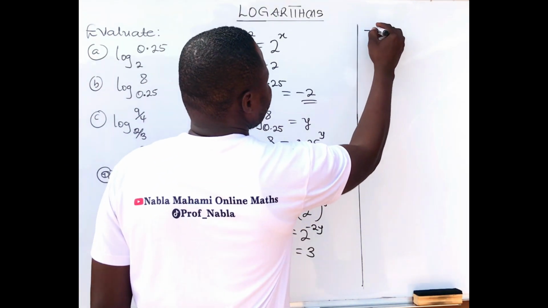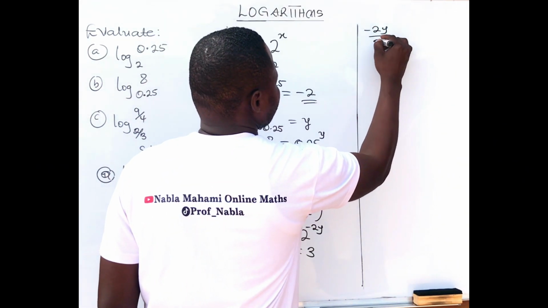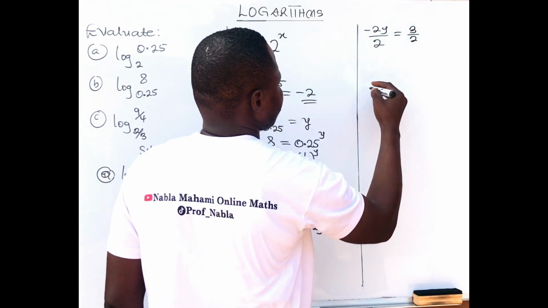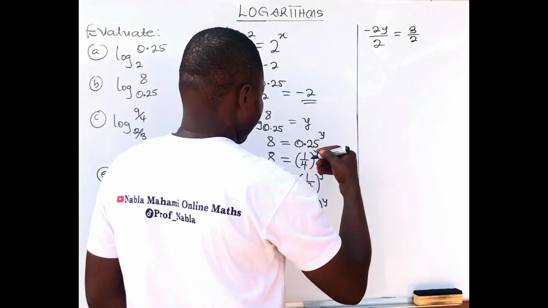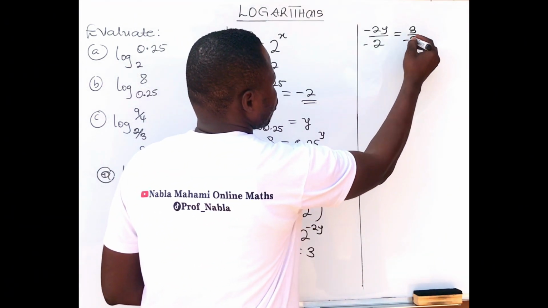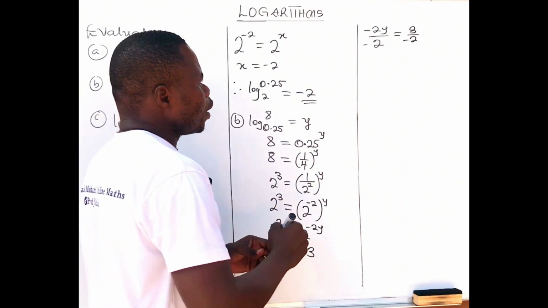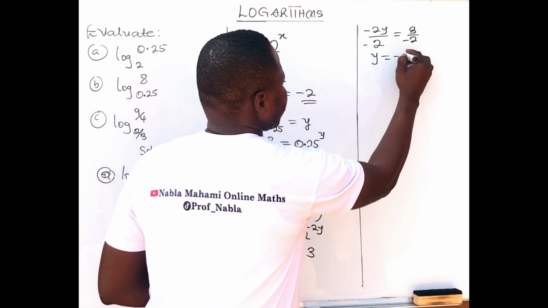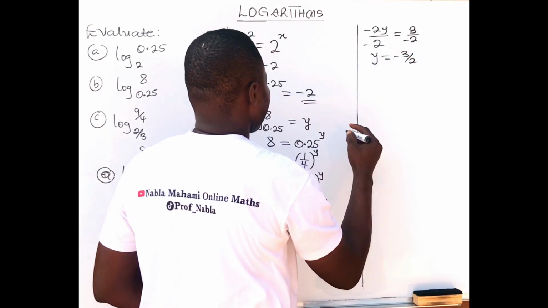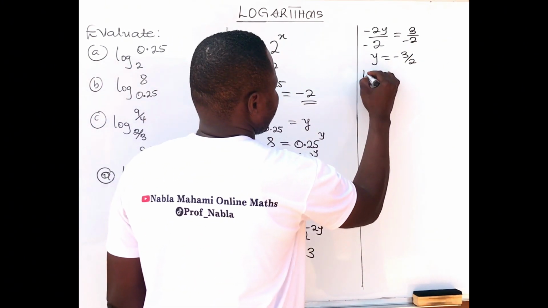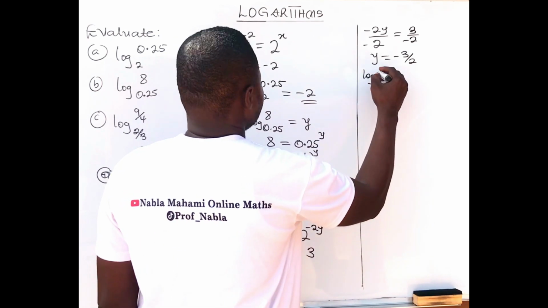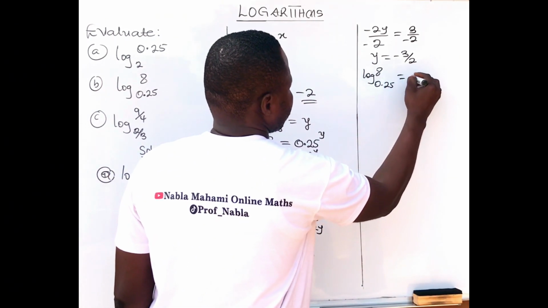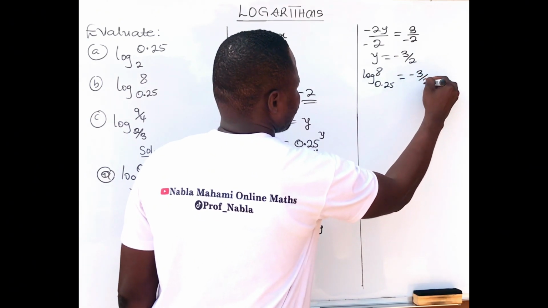Then negative 2 will take away negative 2, and y will be equal to negative 3 over 2. I can now conclude by saying that log 8 base 0.25 is the same as negative 3 over 2.